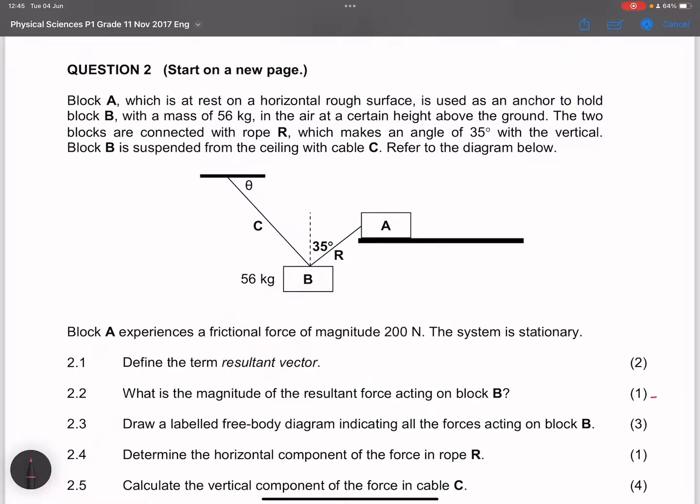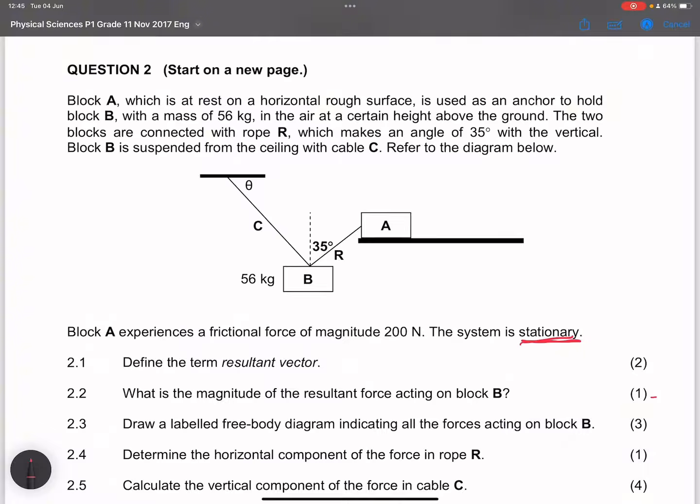Now they say to us block A experiences a frictional force of 200 newtons. The system is stationary. Now this is very important. So in this case, that means that all the forces must be at equilibrium with one another. So the vector sum of all the forces should be 0. Now they say to us define the term resultant vector.